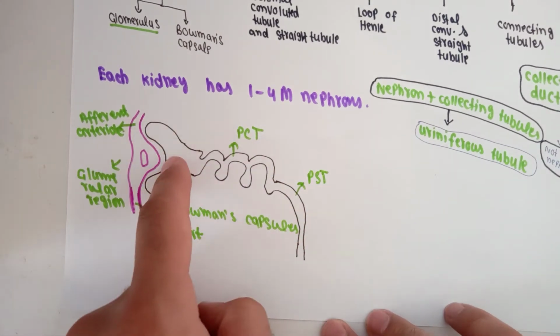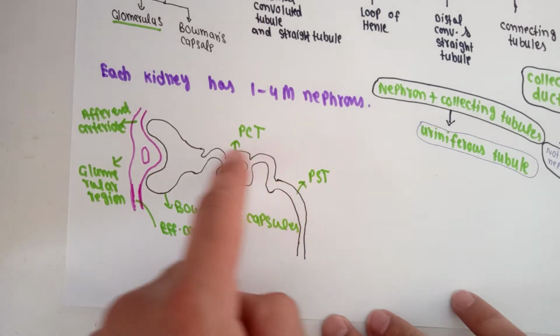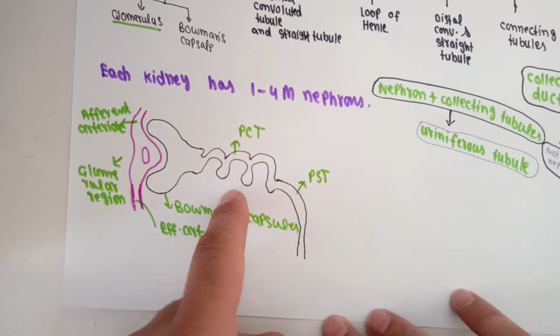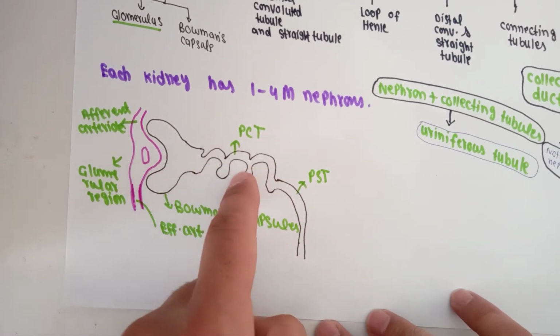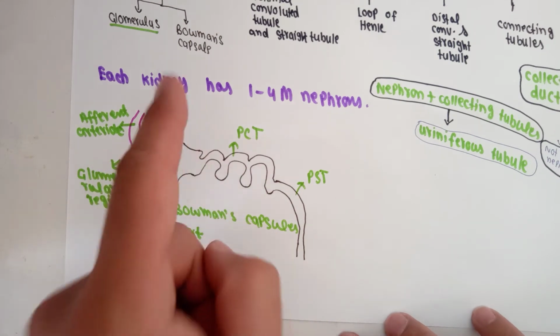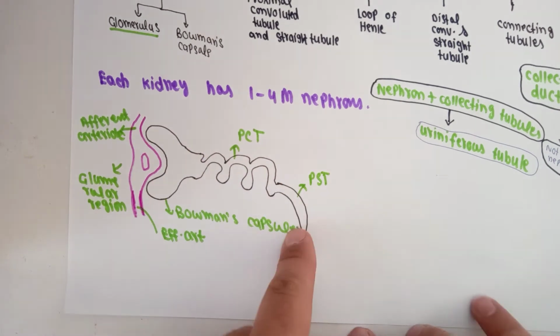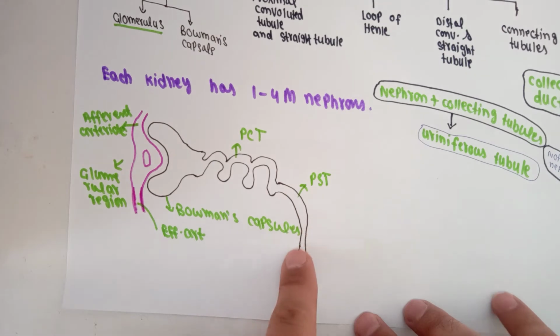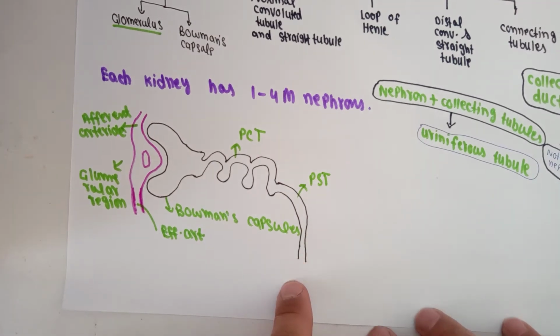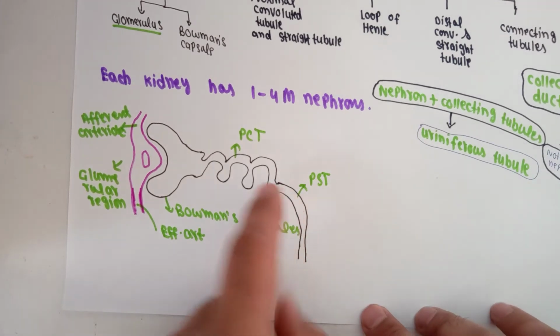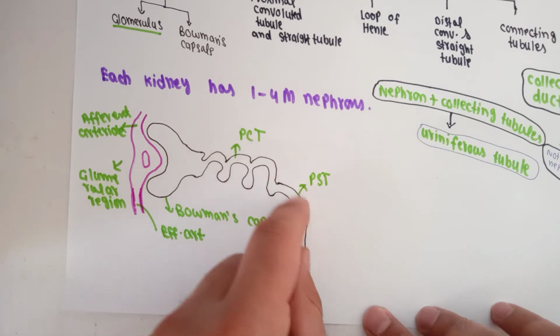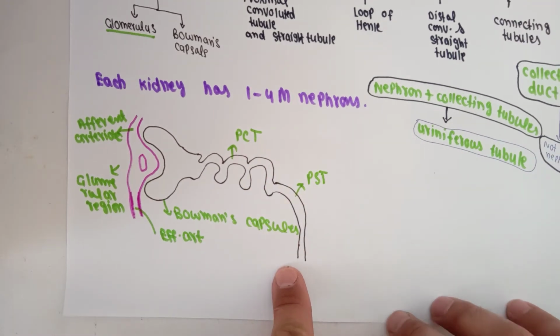These are the two portions of the nephron that are present in the renal cortex. The proximal straight tubule moves downward toward the middle region. Some part of it is present in the renal cortex, and the other is present in the renal medulla.